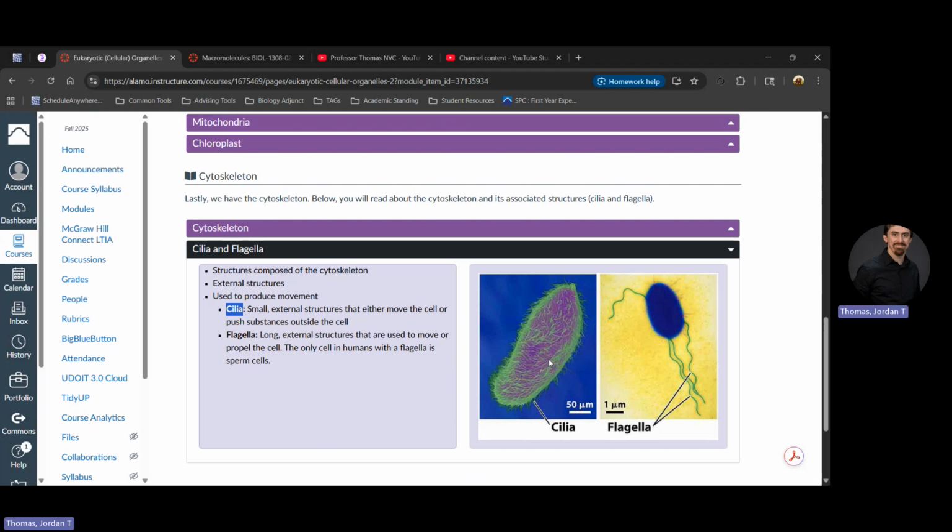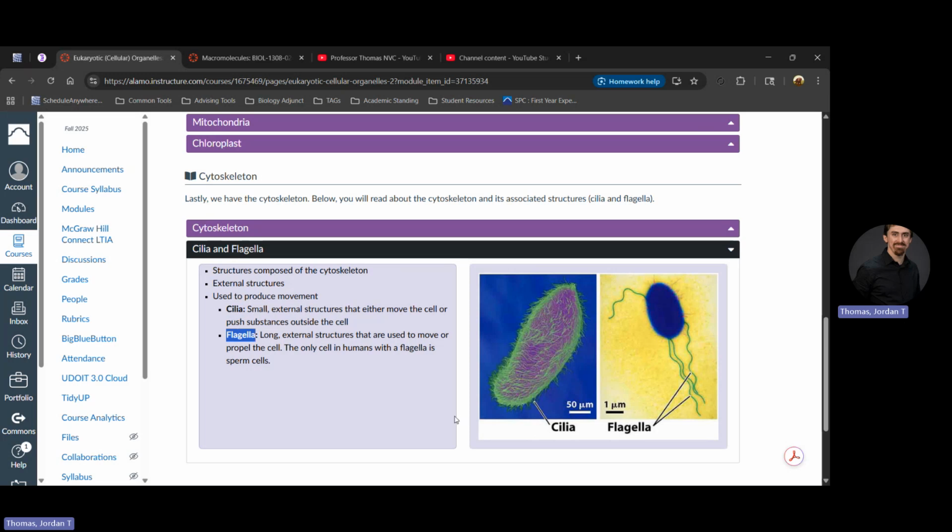And in bacteria, a lot of times the cilia are there to help move that bacteria around. But in humans, we also have cilia as well. Within our airway, we have cilia that help push mucus out of the respiratory tract. So cilia are these projections that can move. They either push the cell or help the cell move or push something outside the cell.